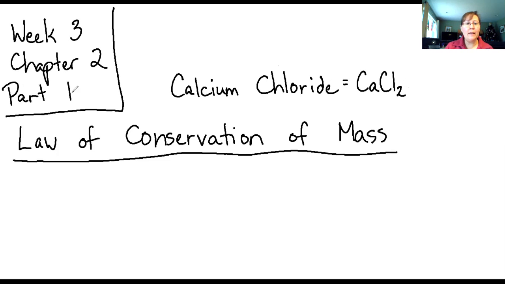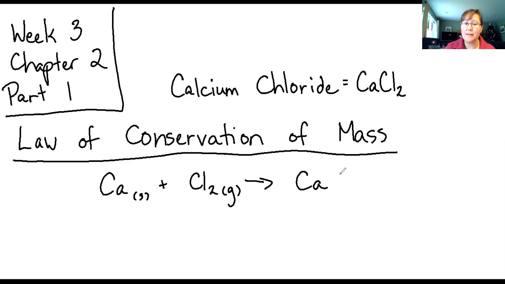Okay, so in the law of conservation of mass, let's say that we have calcium solid plus chlorine gas. Now, chlorine is a diatomic, which means it always exists paired in nature. And when we combine those, we end up with CaCl2, okay? And calcium chloride is a solid, it's an ice melt.